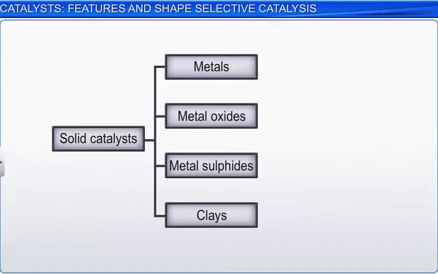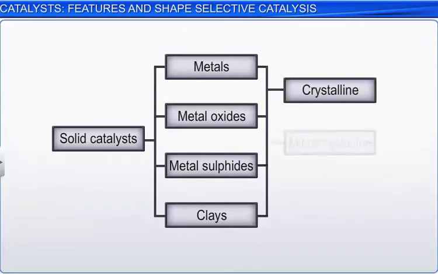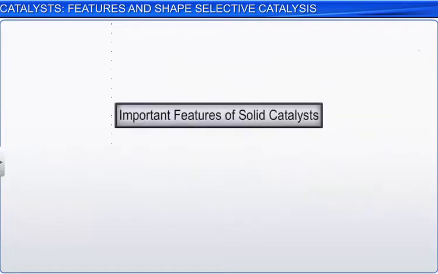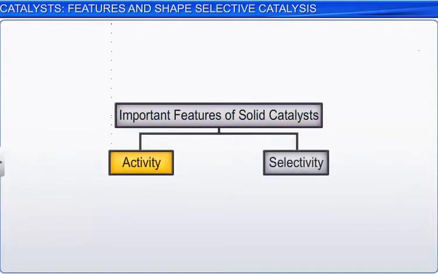Further, they may be crystalline, microcrystalline, that is, in the form of fine particles, or amorphous. However, two important features that govern the choice of a solid catalyst for a particular reaction are activity and selectivity.